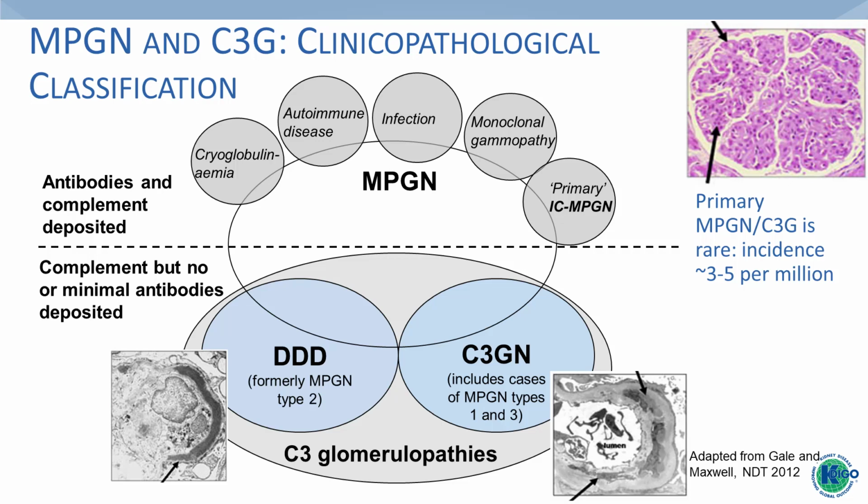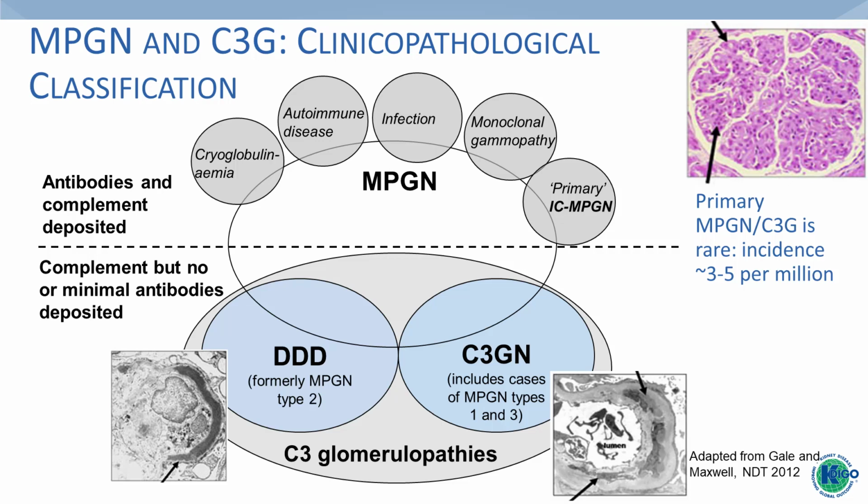Where there's antibodies and complement deposited in the kidney, and no identifiable cause, this is termed primary immune complex MPGN.